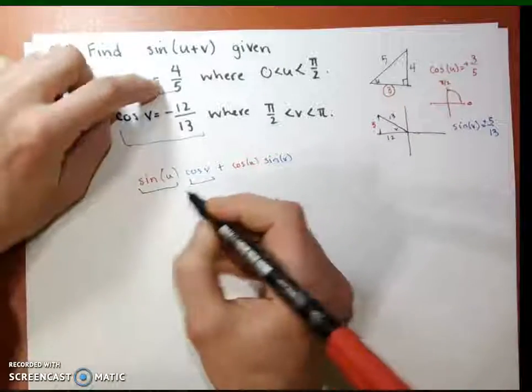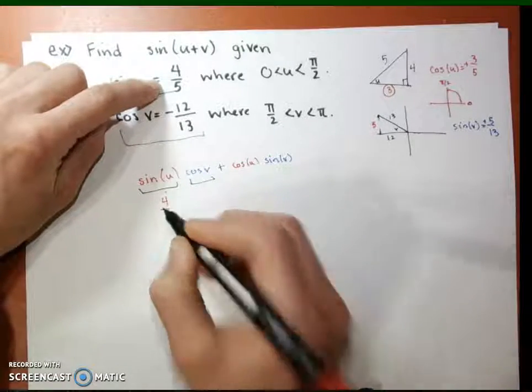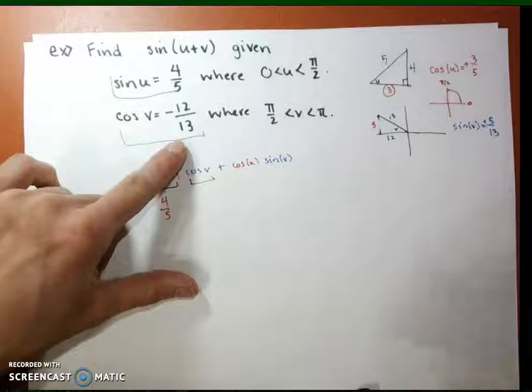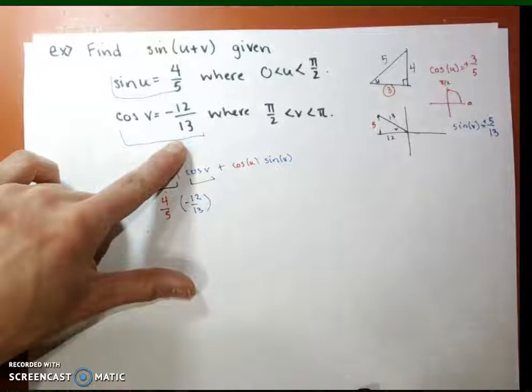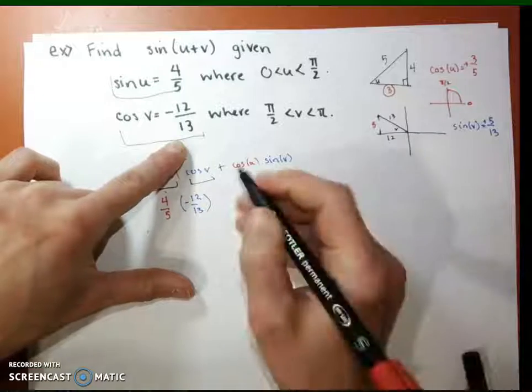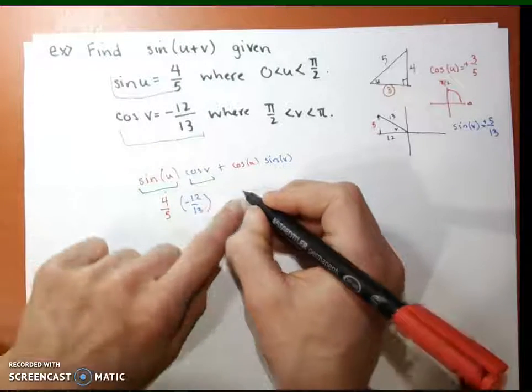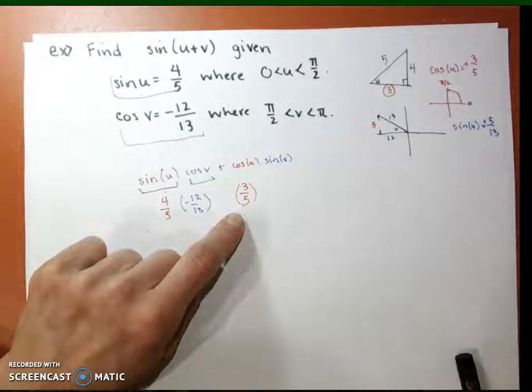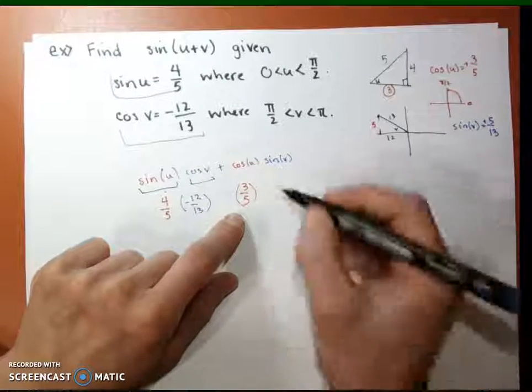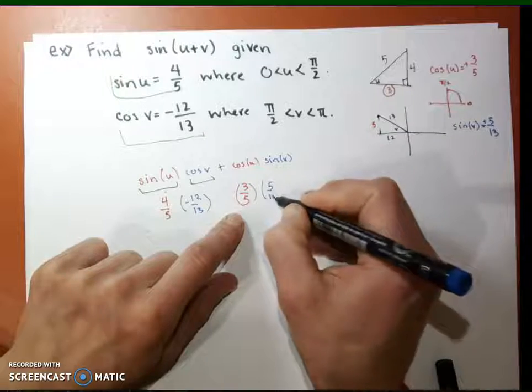So now I can just plug into the formula. So sine of u is 4 over 5. Cosine of v is negative 12 over 13. Cosine of u is 3 over 5. And sine of v is 5 over 13.